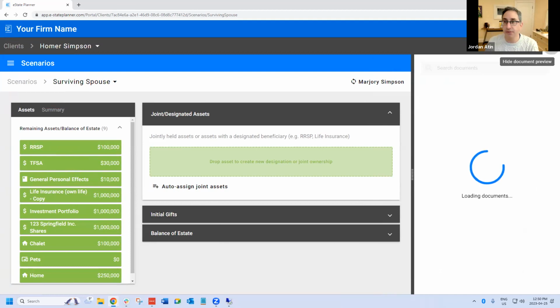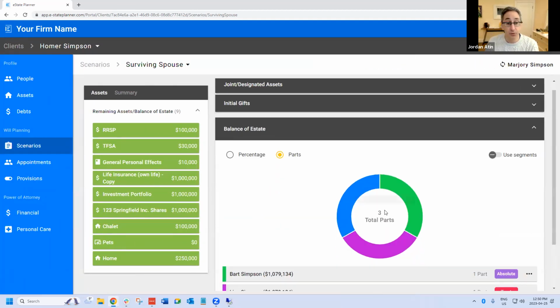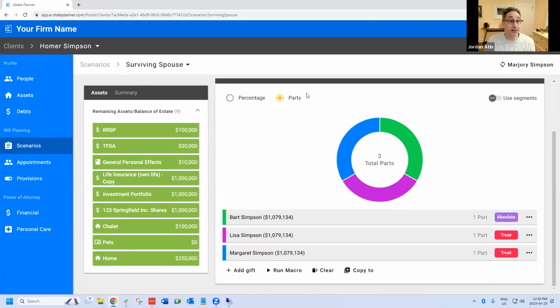It's going to appear for you right here, and you'll be able to review your draft without generating the document. So that's what we're going to release in the next two days. I've started to test it, and it's really helpful. Before I generate the document, I can look at what's going to come out and make sure it's right before I go to the process of generating the document. That's the idea there.